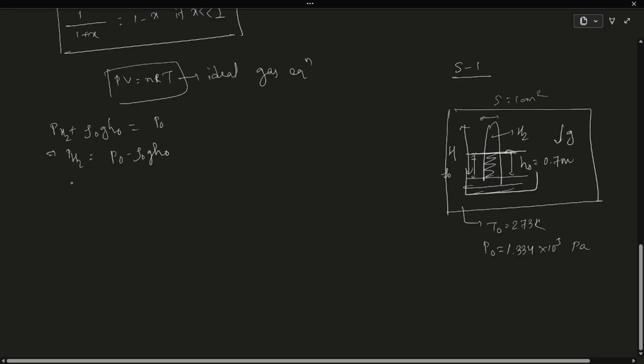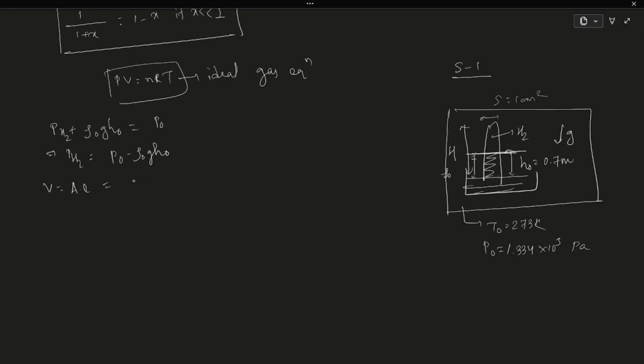Then volume. Volume is basically area into length. Area is given as S. Length is basically H minus H naught.